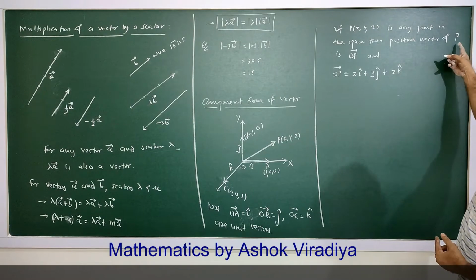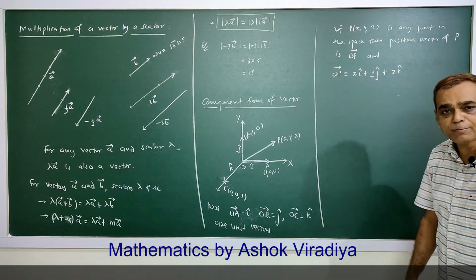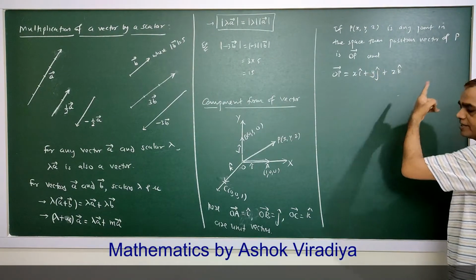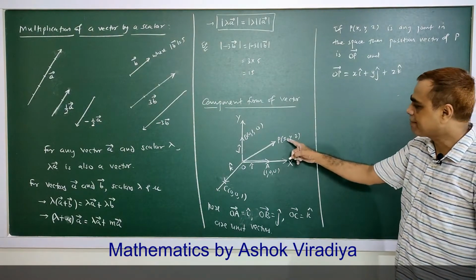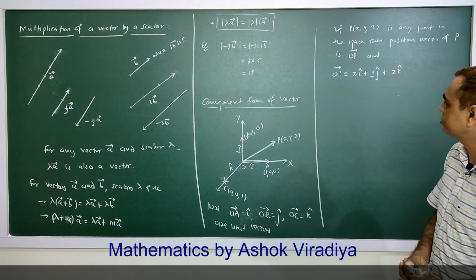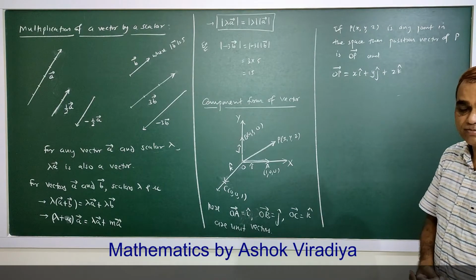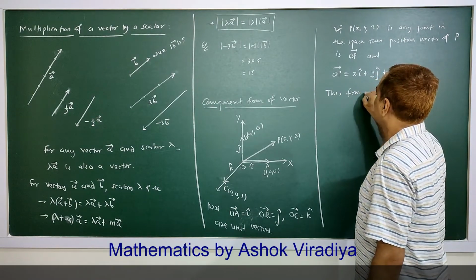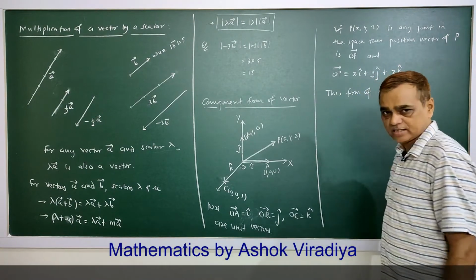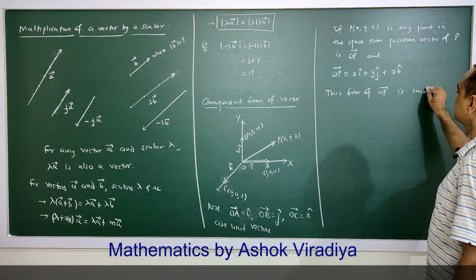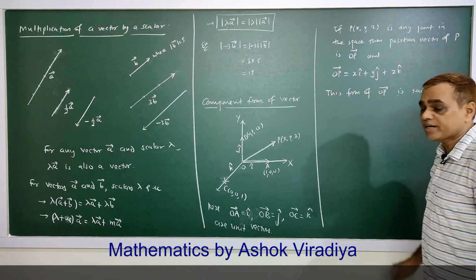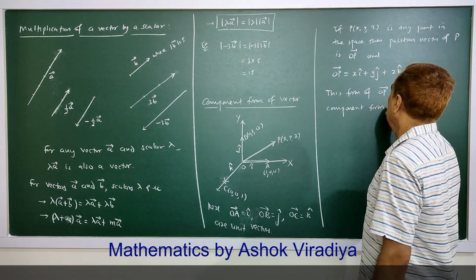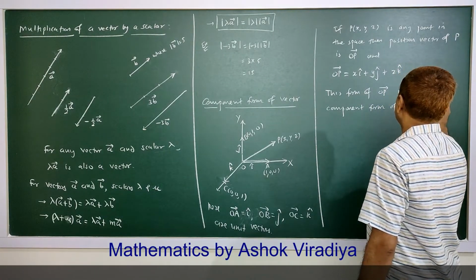The position vector of a point P, that is vector OP, can be represented as a combination of i, j, k: x times i cap plus y times j cap plus z times k cap. So this form of vector OP is said to be the component form of vector OP.